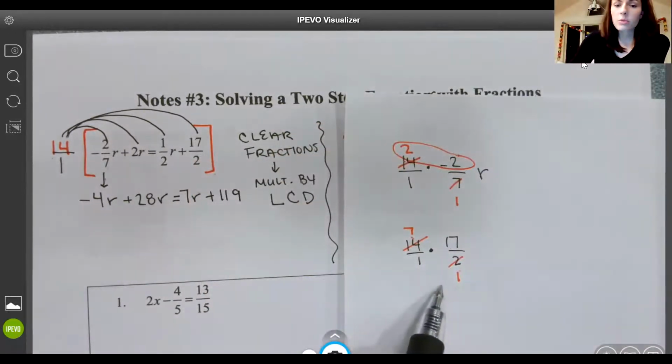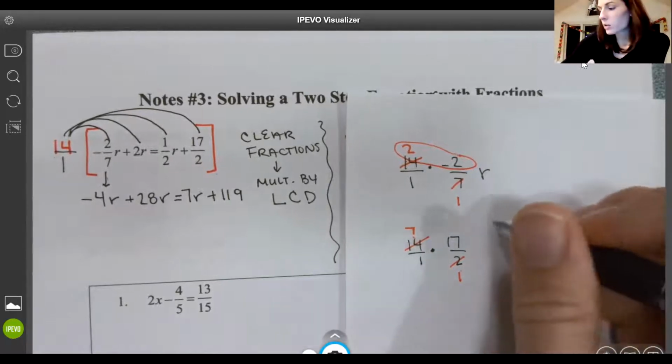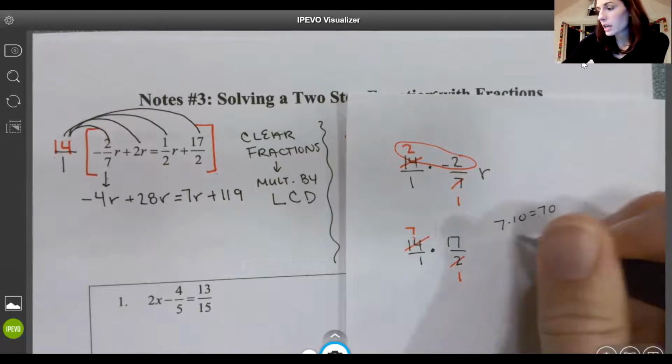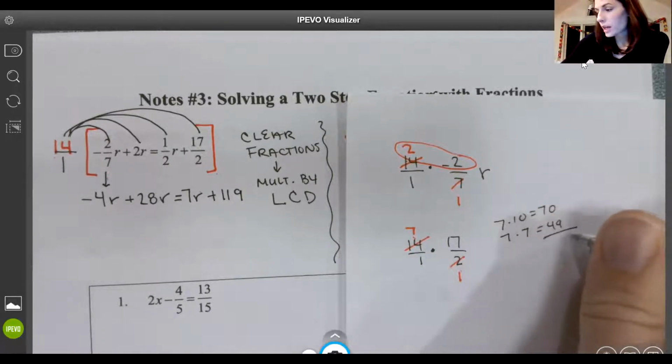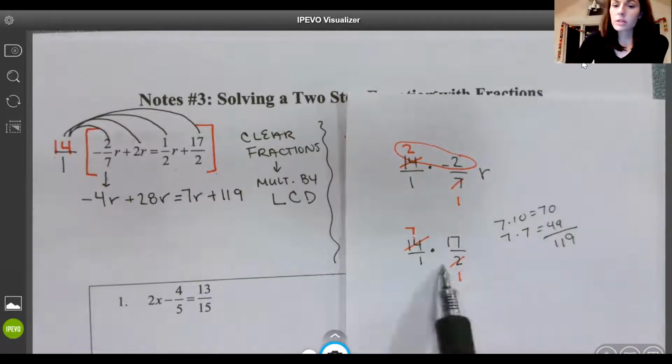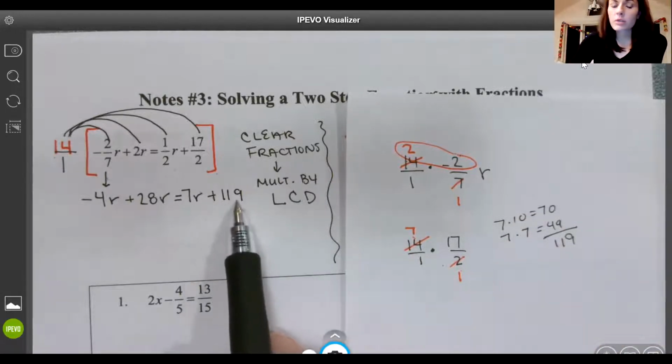Okay, for my last term here, 7 times 17, one way that I can break this down, well, 7 times 10 is 70, and 7 times 7 is 49, and I just add those together. So 7 times 17 gives me 119 for my last value here.